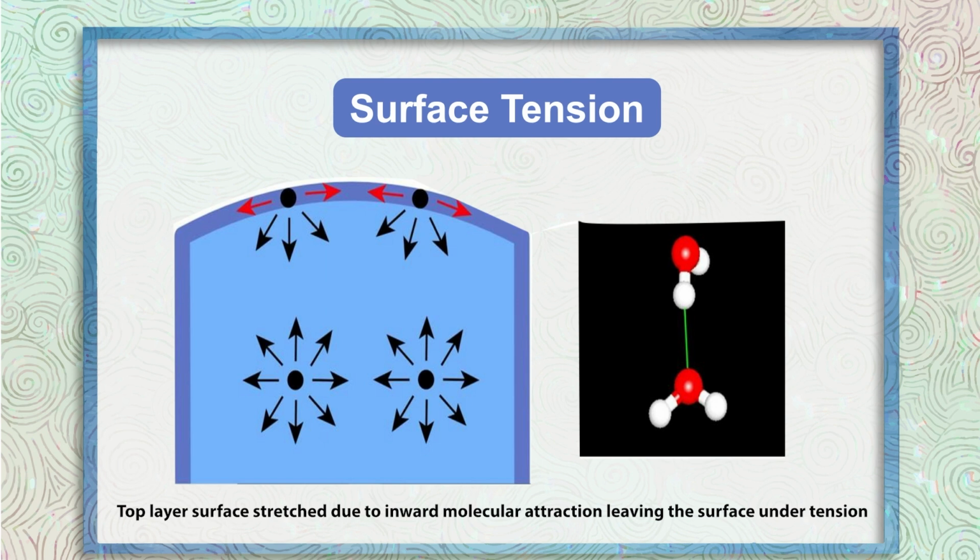But those which are on the surface, on the top, there is no balancing on the top side, because on the top side is air. So the forces which are upward are making the water layer or any liquid layer stretched outside, and that is called the state of tension.